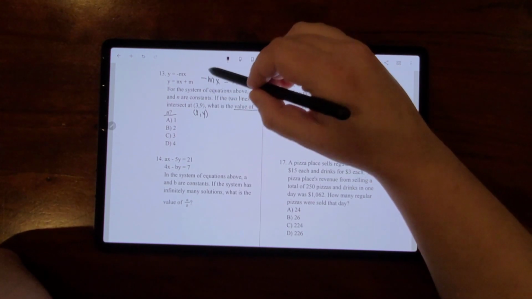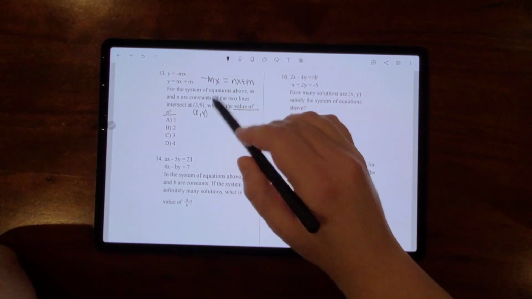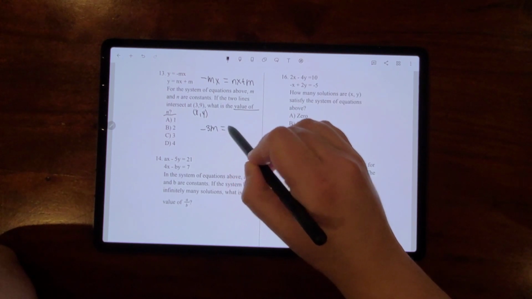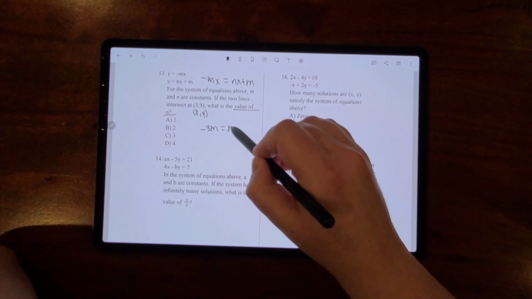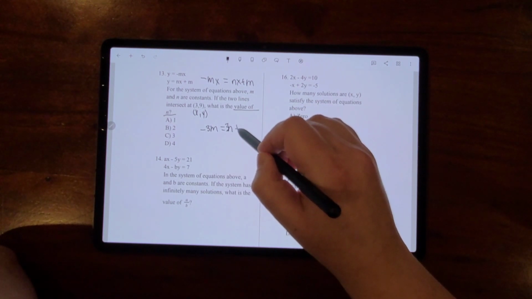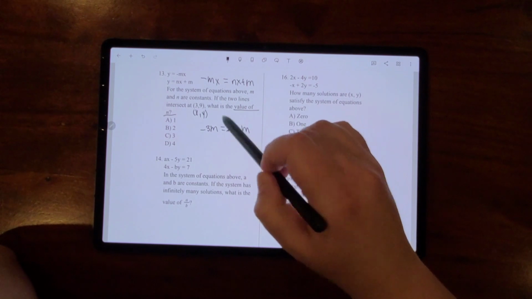Yeah, that's a 3. There's no y right now, but we're going to plug in 3 for x, so then it's going to be negative 3m is equal to 3n, because x is 3, 3 times n is 3n, plus m.